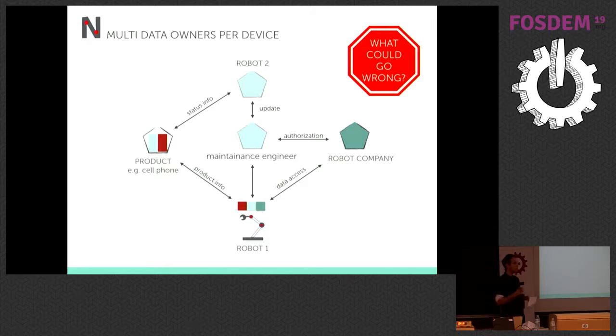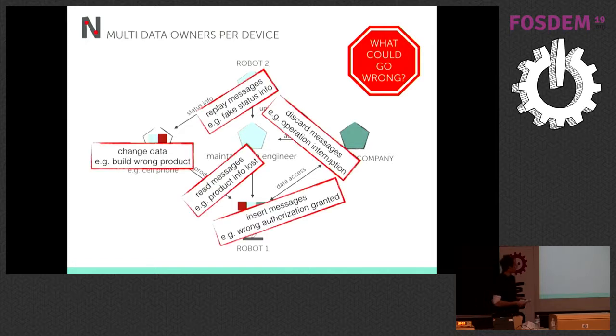And then you will see how critical the encryption and at least signing of data is, and how important data ownership is. If you ask what could go wrong, then you will see a lot of things can go wrong. Producing wrong products or operational interruption is very critical, at least in industry. So you should really care about security first for your production lines.